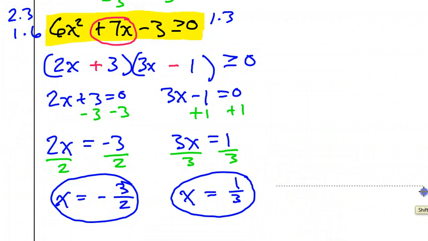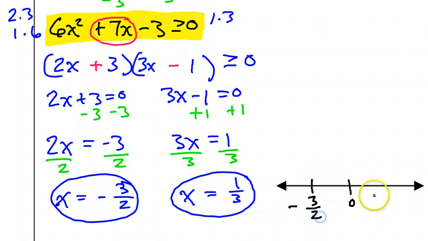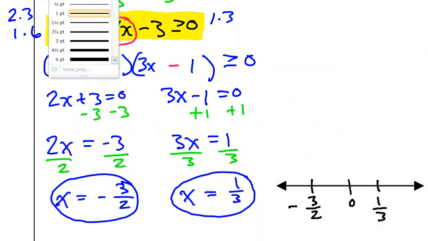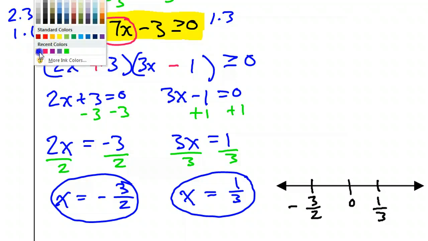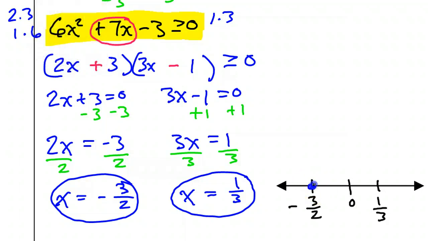Okay, so using the graphical method, I need to make a small graph here in my work area first. So here's 0 right in the middle, and so over here on the left I will have negative 3 over 2, and then over here I'm going to have 1/3. So these are my zeros.